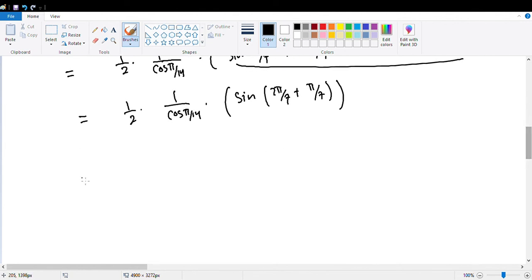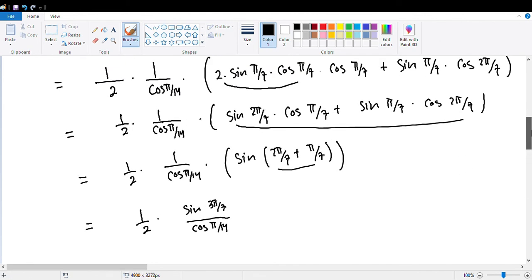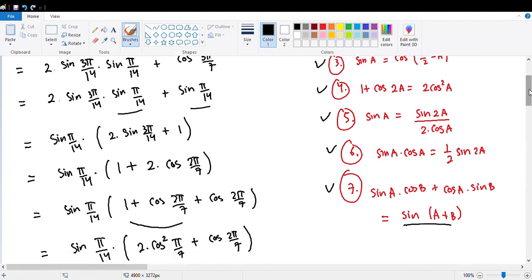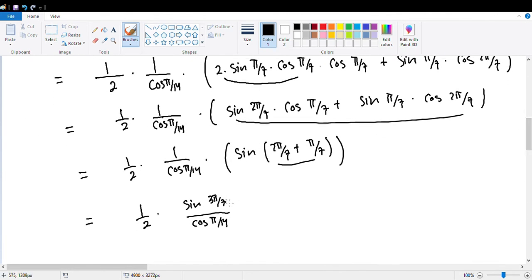And then our expression becomes 1 half of sine 3 pi over 7 divided by cosine pi over 14. Now we can use formula number 3, that is sine alpha is equal to cosine of pi over 2 minus alpha, to deal with this one.